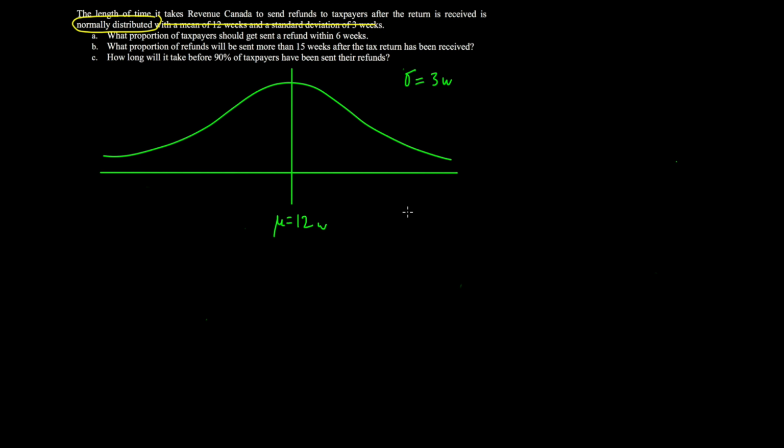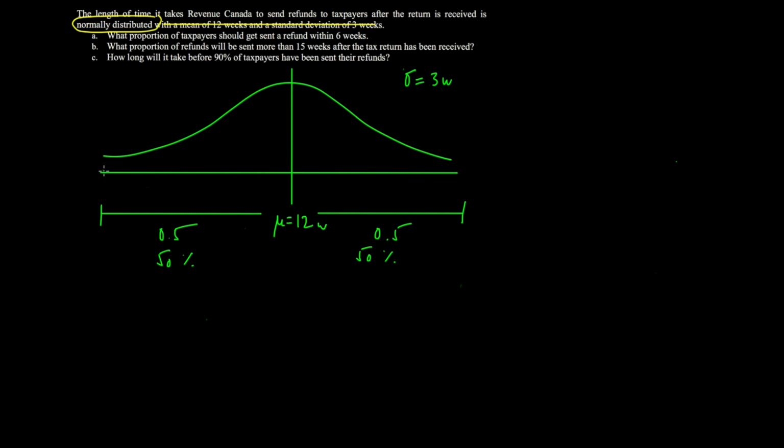They want to know how long will it take before 90% of taxpayers have been sent their refunds, okay? So the way the curve is done, this half right here is 0.5 or 50%, okay? And the right-hand side right here is another 0.5 or 50%. Okay, since this is perfectly normally distributed, we know right here from our problem. So we want to know how long will it take before 90% of taxpayers have been sent their refunds.